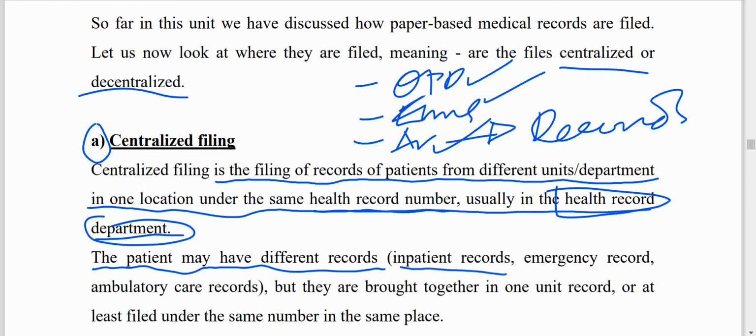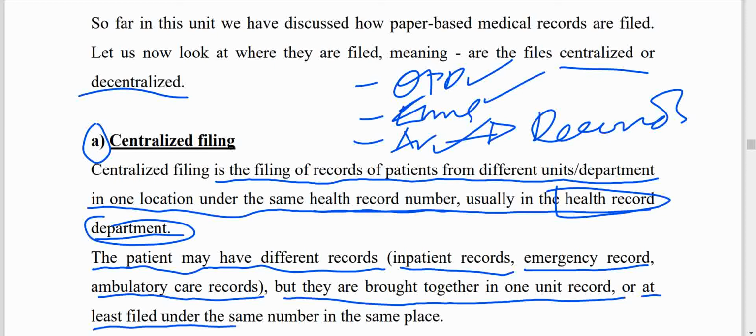They may have inpatient records, they may have emergency records, they may have ambulatory care records, but all these records are brought together in one unit record, or at least filed under the same health record number in the same place.